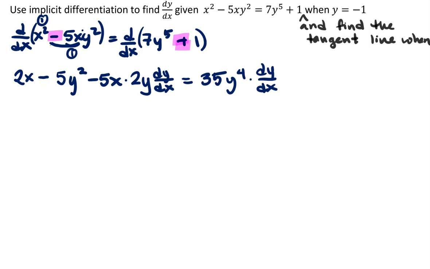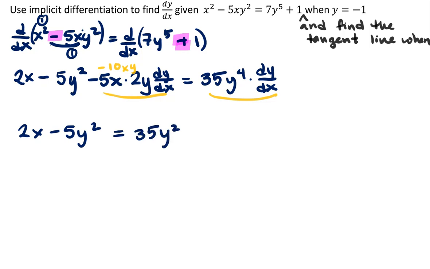Okay, I think this is the first one where I'm going to have to do a little bit of rearranging just to get my dy/dx's on the same side. So to start, I will, hold on, rewrite this for myself a little bit. This is like a negative 10xy dy/dx. So I'm going to add that onto the other side, which means I'll have a 35y to the fourth dy/dx plus a 10xy dy/dx.